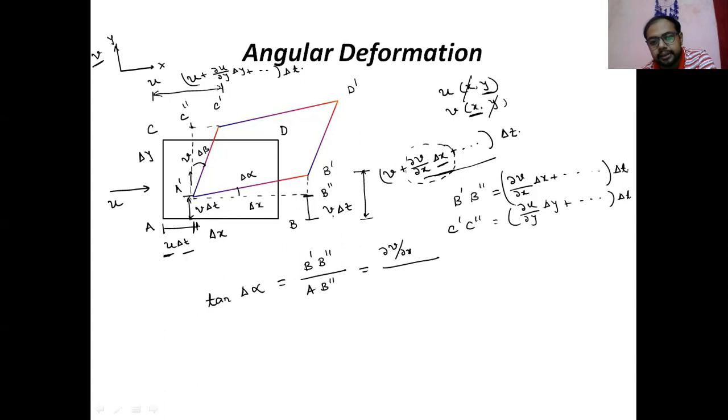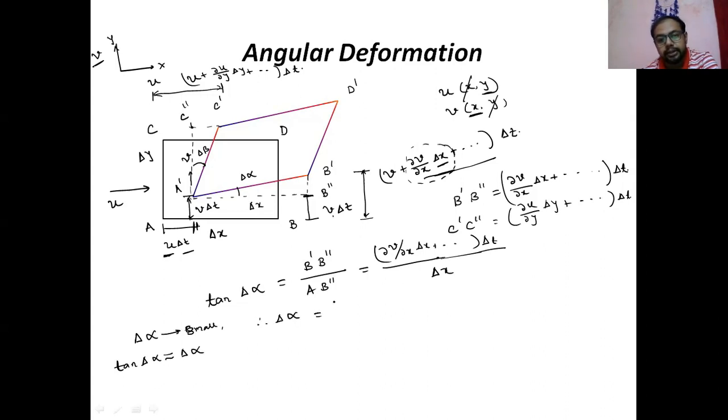So del v del x into dx plus higher order terms, where higher order terms mean del x square by 2 factorial, del x cube by 3 factorial, in this way, all multiplied by delta t, divided by del x. The consideration is that del alpha is a very small quantity. The angle is very small. So tan del alpha is equal to del alpha. So it can be written that del alpha is equal to this.